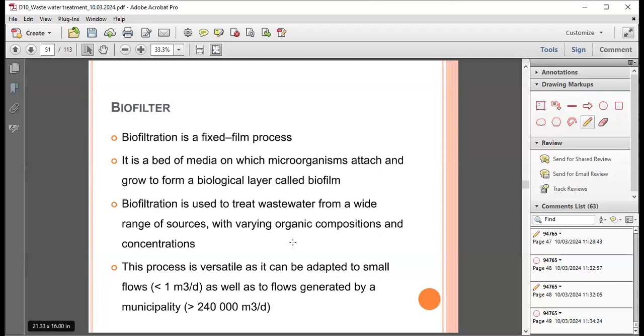This process is versatile. What is the meaning of versatile?